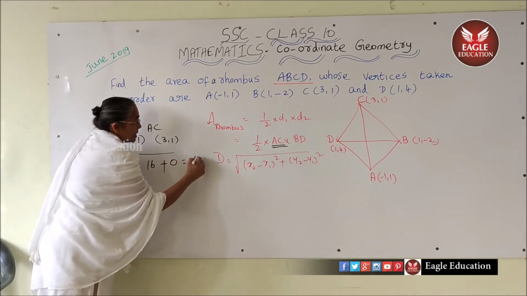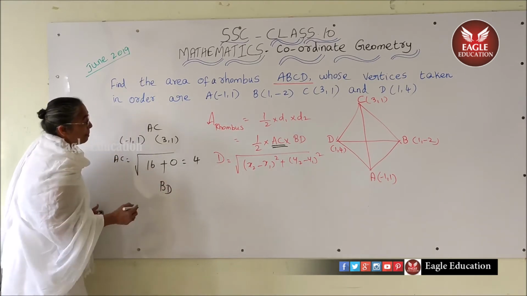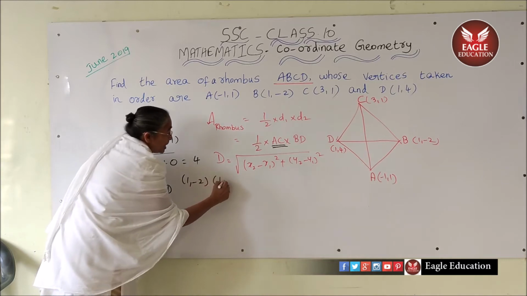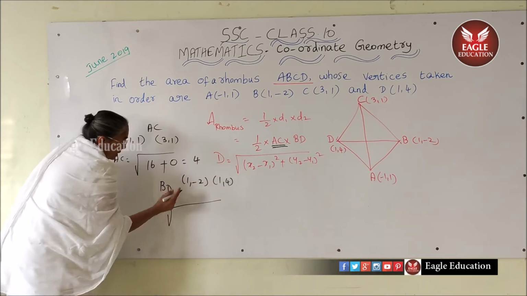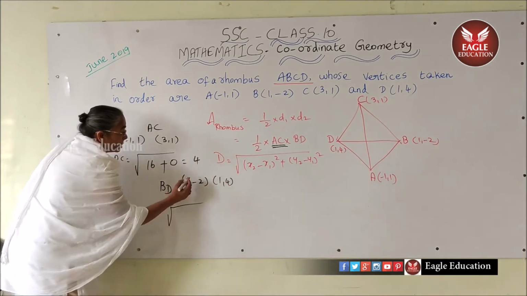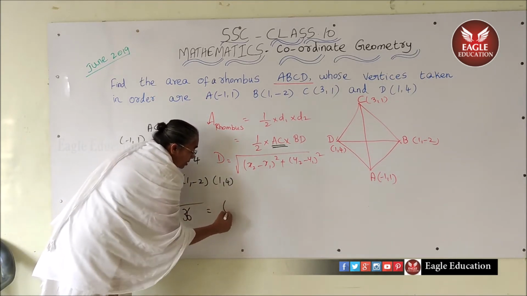AC distance is 4. Now coming to BD distance. B vertex 1, -2, D vertex 1, 4. So root over 1 minus 1, 0 square, 0, plus 4 minus of -2 whole square, which is nothing but 6 square. 6 square is 36. Root over 36 is 6.